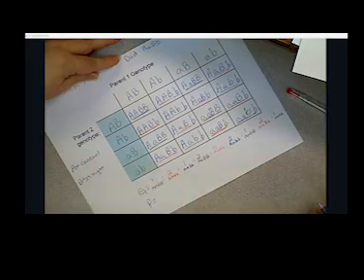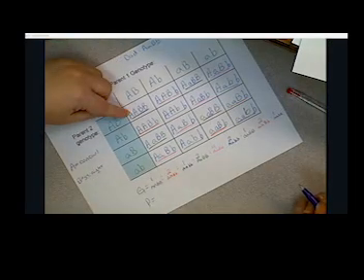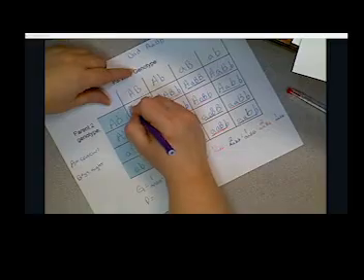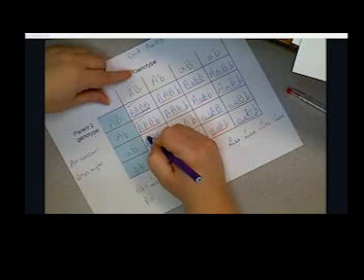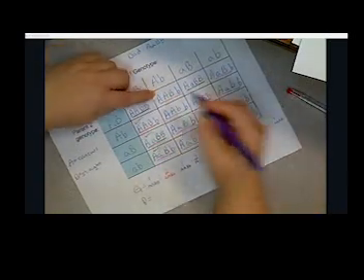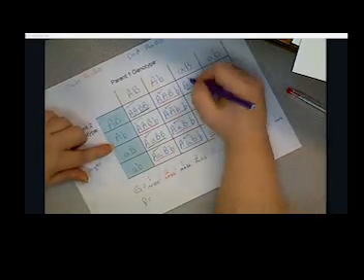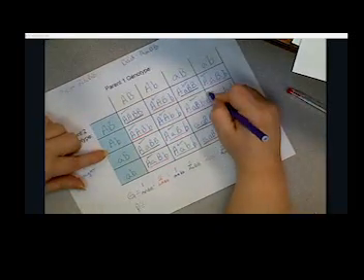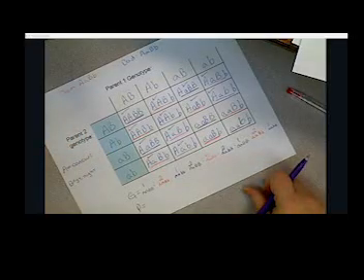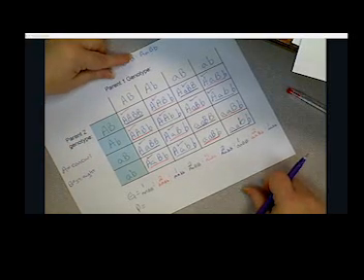So capital A's, I have this one, so the whole column, this whole column, and then I'm going to have these top 2 rows. Those all have capital A's. So we're ignoring these 4 boxes here.